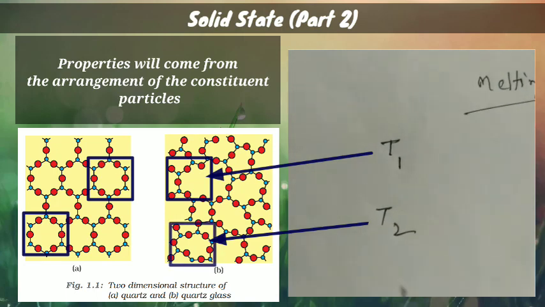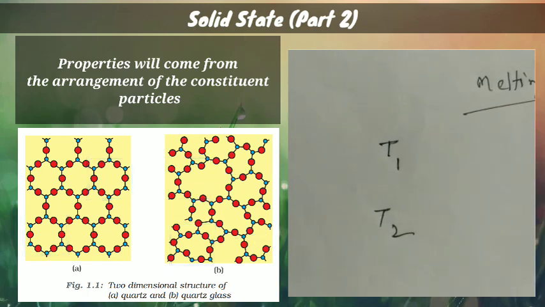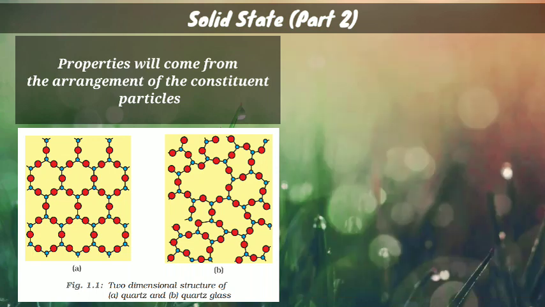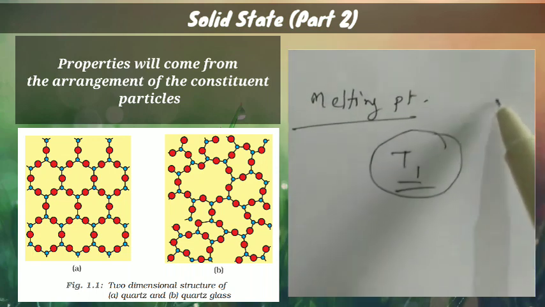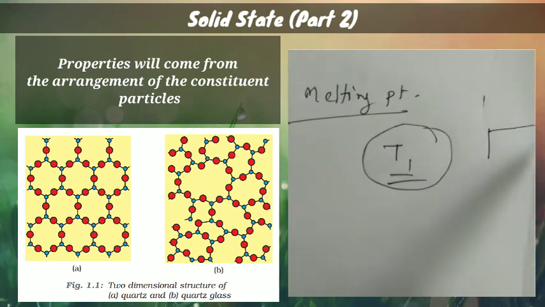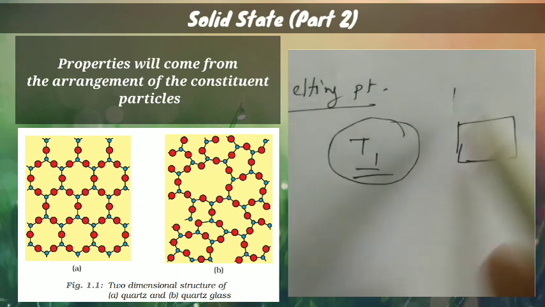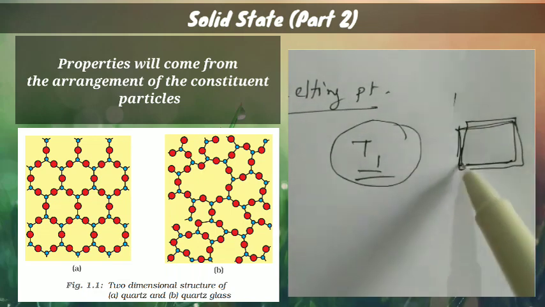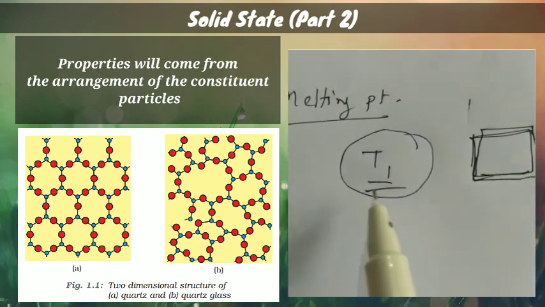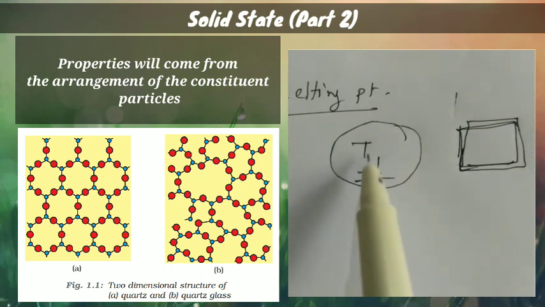That means an amorphous solid will not give you a sharp melting temperature. A sharp melting temperature means all of the solid will melt at a fixed temperature.